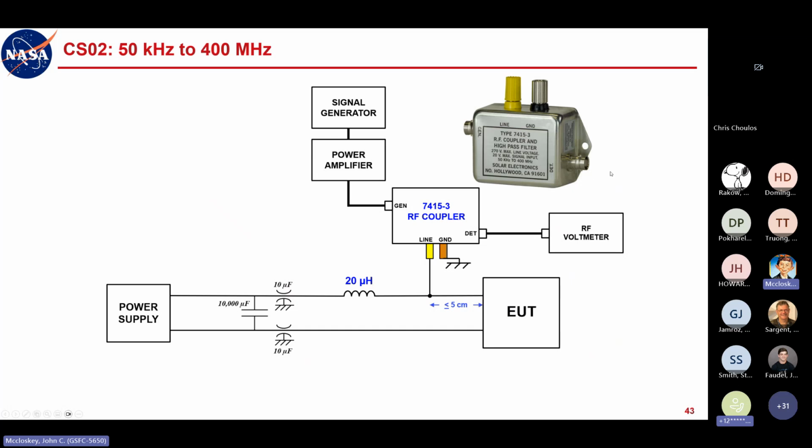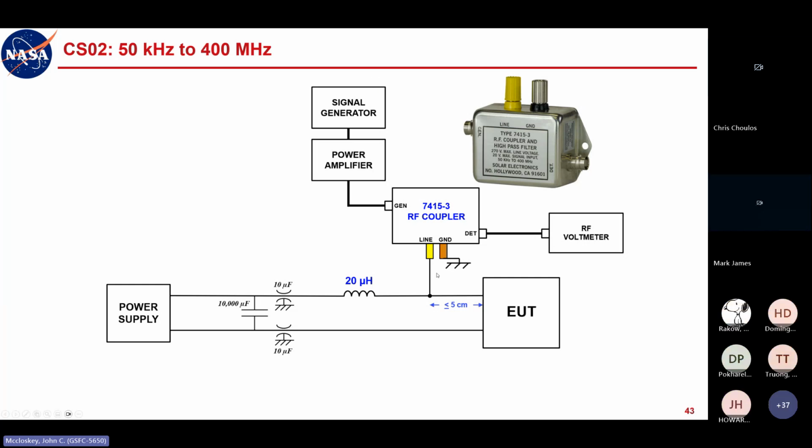This is what you would take to an RF voltmeter or scope or whatever. But it was a line to ground injection. It wasn't line to line. You would connect the ground terminal to the ground plane, but you would inject the signal through this capacitive coupling network.